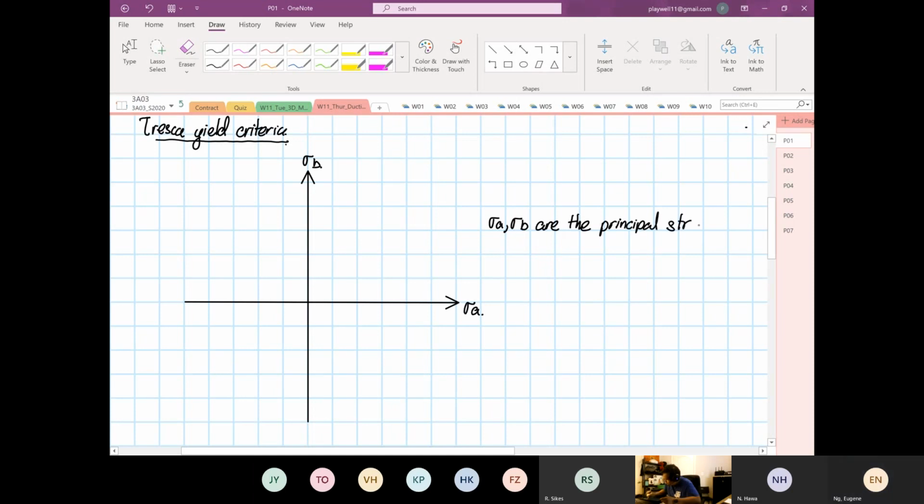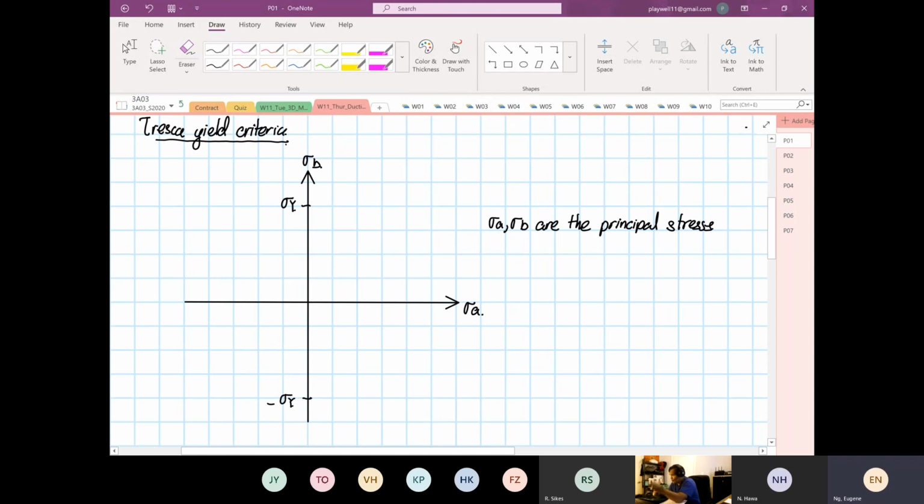Tresca defines a U magnitude based on the material behavior, so that will be our stress U, and based on Tresca, the yield in tensile and the yield in compression are the same.